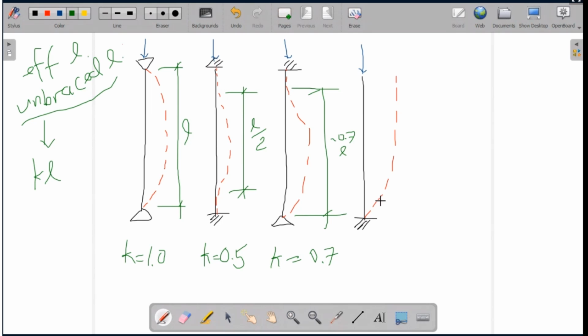In this particular case, the entire length has deflected. However, the deflection does not end. We want the deflection to close. So what happens is, for example, we have this column here.